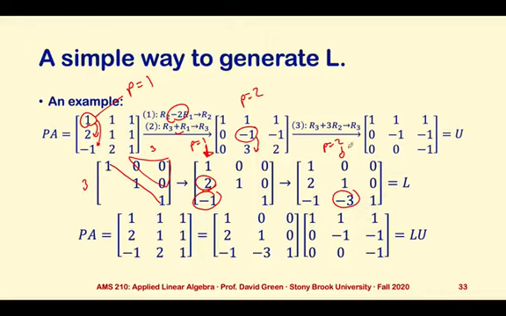This is L. We can summarize that this original matrix PA is equal to a product of the L that we generated by simply filling in this matrix as we went through the steps, and the U that we end up with at the end point. And you can double check that that actually works out.